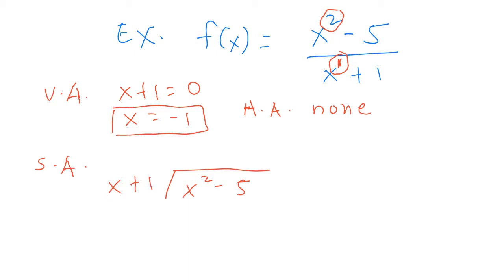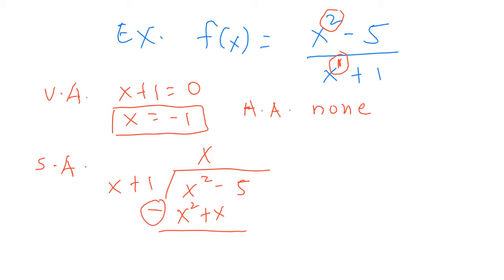We will take the first term divided by the first term of the divisor. So x squared divided by x is x. x times x is x squared. x times 1 is x. And then we subtract.